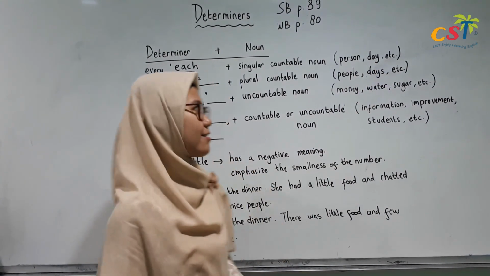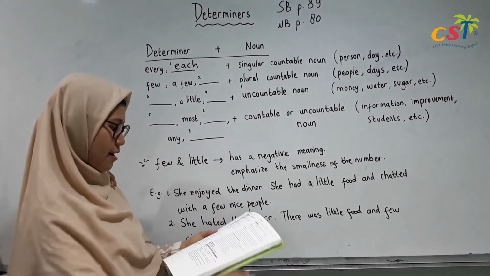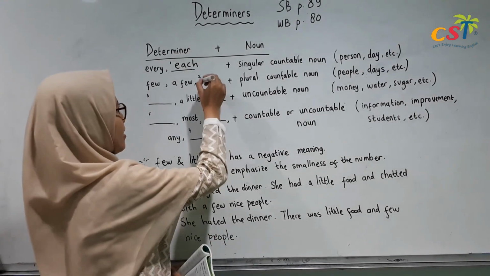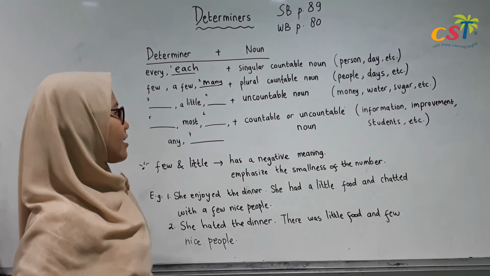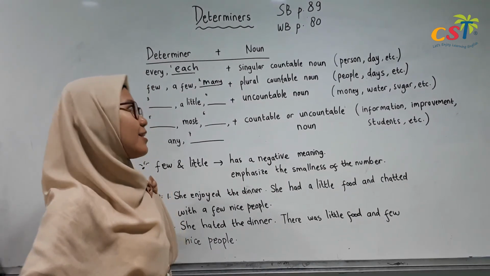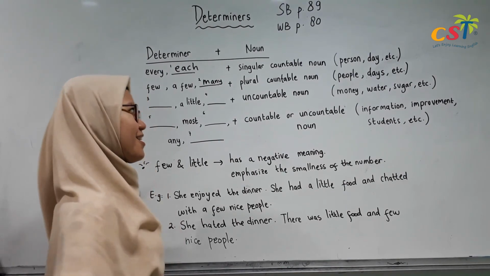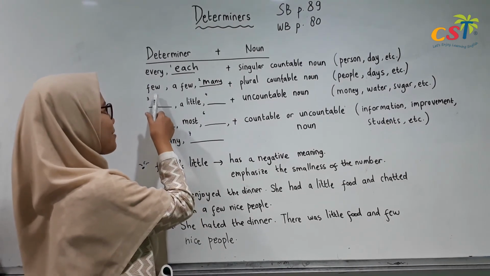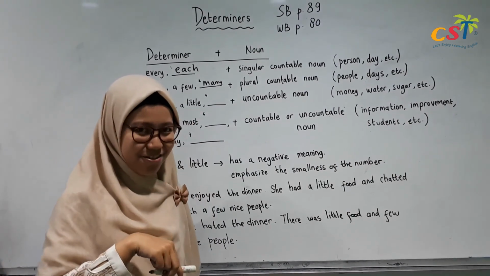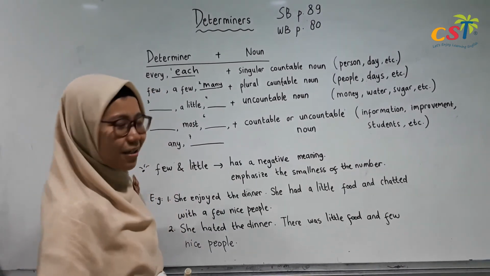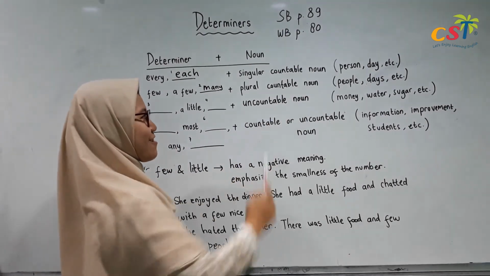Chair, chairs. For the plural one, you can use few, a few, and many. So you can say few people, a few people, many people, right? Now, what's the difference between few and a few? I will explain it later, okay? So keep your curiosity.